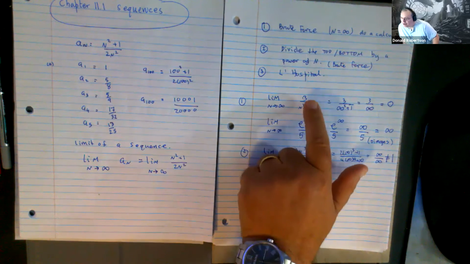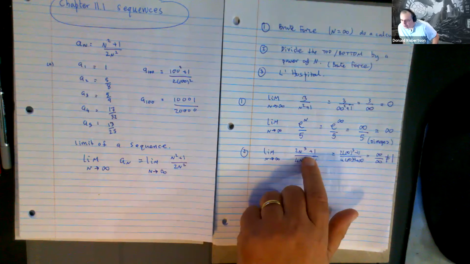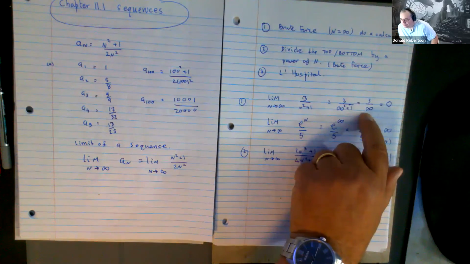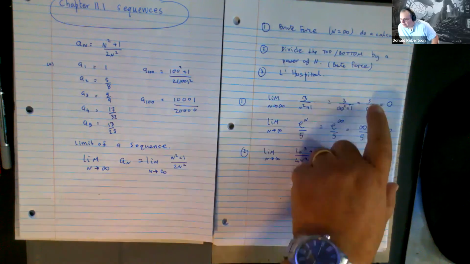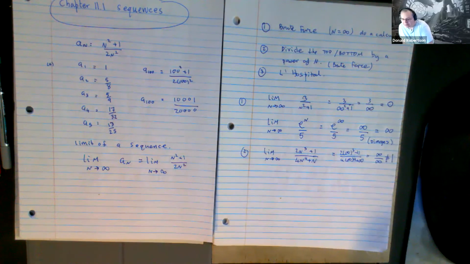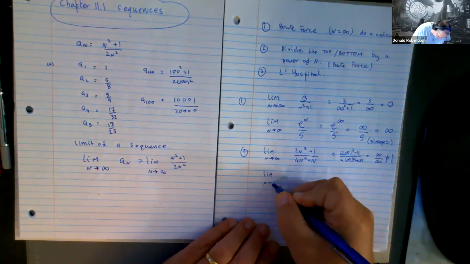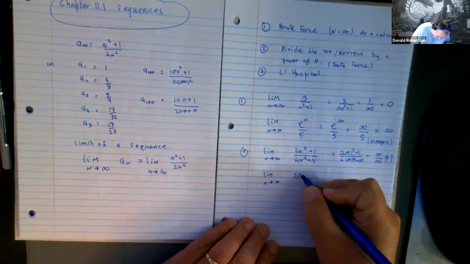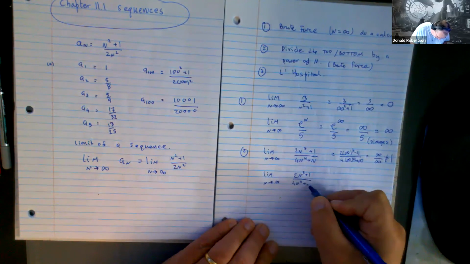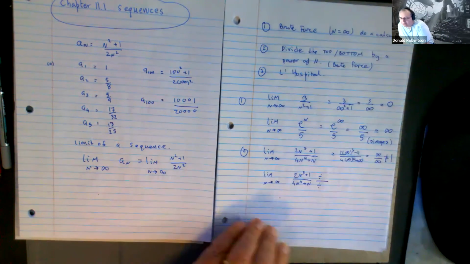Are we comfortable about when you can use brute force and when you can't? You can use brute force when you've typically got a number, an infinity, or an infinity and a number, right? You can't use it when both things are infinite. You just don't want to go there. So I'll return back to that question. And the technique I'm going to use is to divide the top and the bottom by the same power of n.